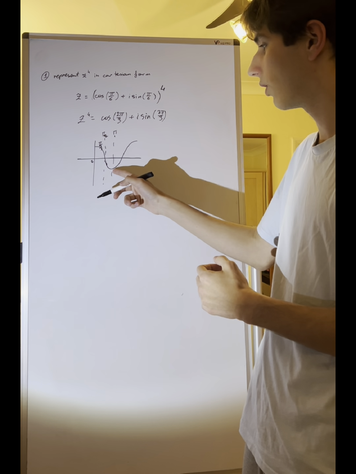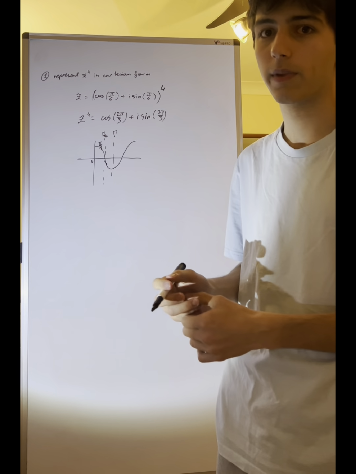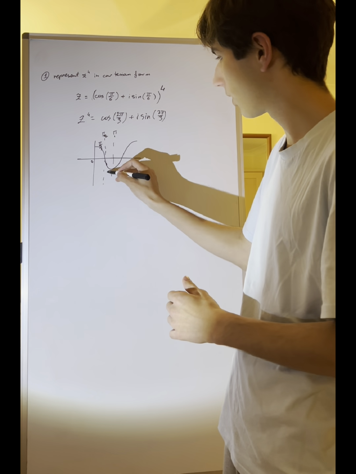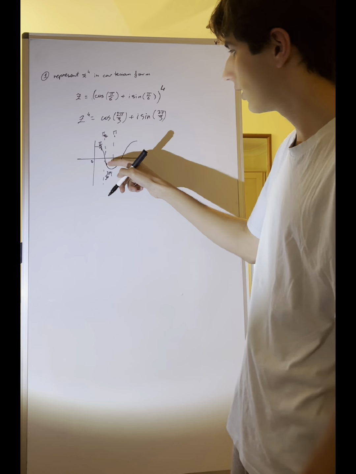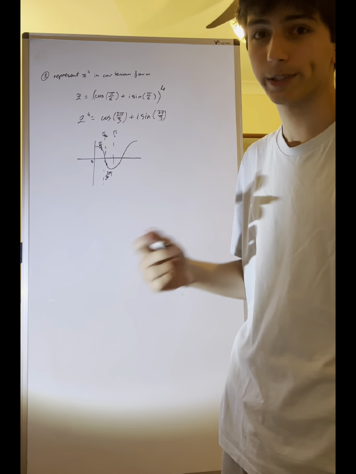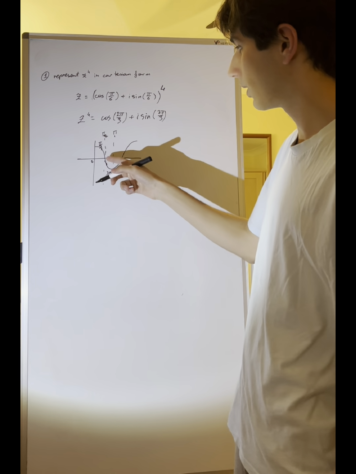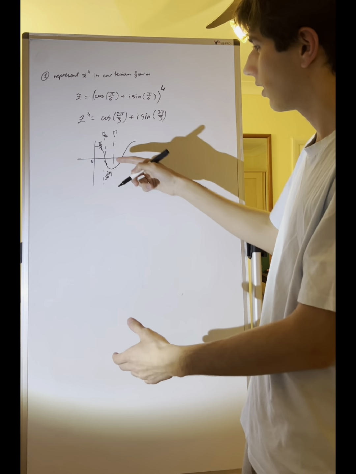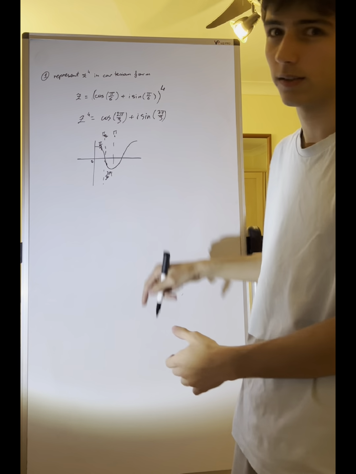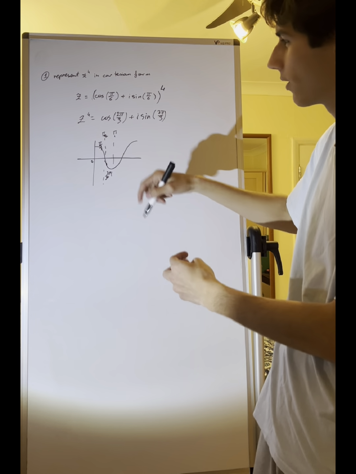And so if we go pi over 3 away from pi, which would be 2 pi over 3, these should have the same values except opposite signs because of this axis of reflection here, so negative axis of reflection.